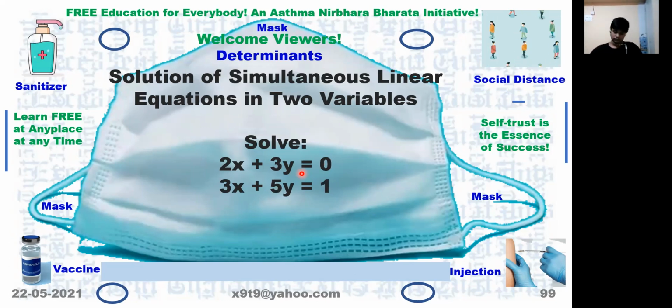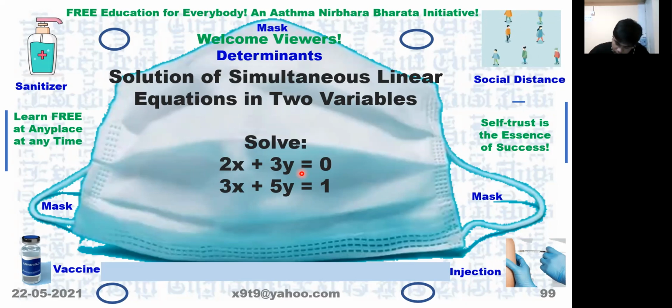Now try this problem. 2x plus 3y is equal to 0. 3x plus 5y is equal to 1. Let delta be 2 and 3 in the first column, 3 and 5 in the second column.